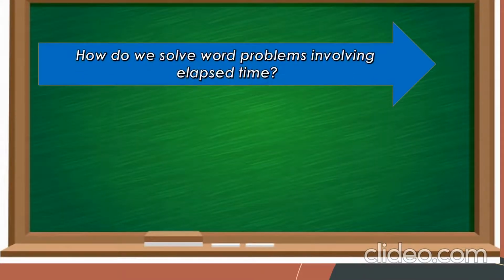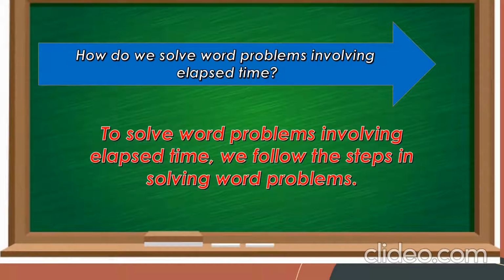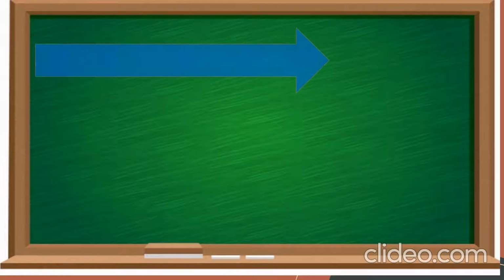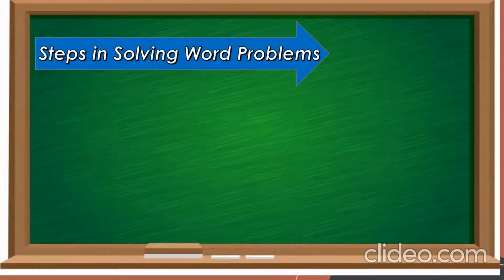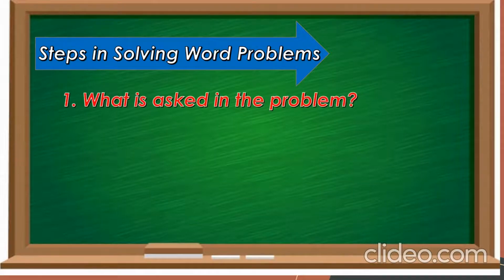How do we solve word problems involving elapsed time? To solve word problems involving elapsed time, we follow the steps in solving word problems. What are the steps? First, you need to understand the problem. In order to understand the problem, we need to know what is asked in the problem.